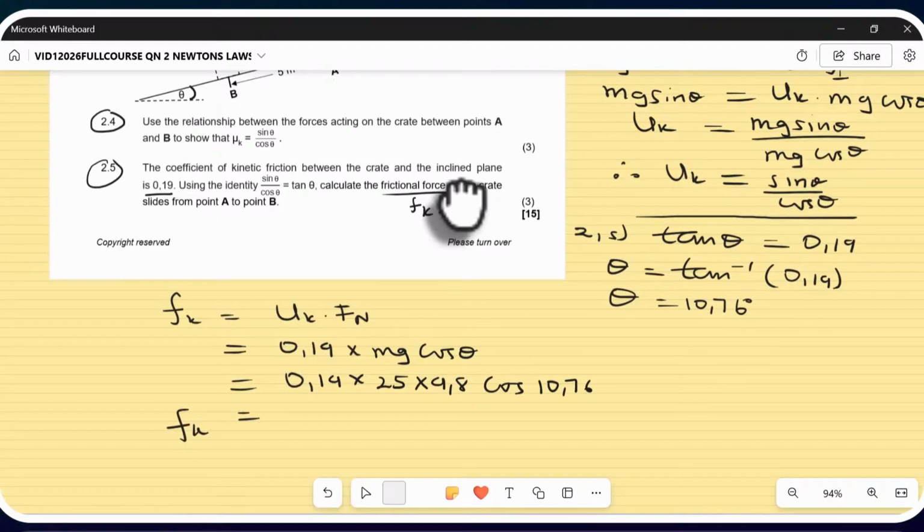Guys, note in our previous question, for November 2025, they asked what happens to the friction when the angle is decreased. In the same way here, when our angle decreases, there's an increase in the frictional force. So this is our answer, and I hope it is correct.